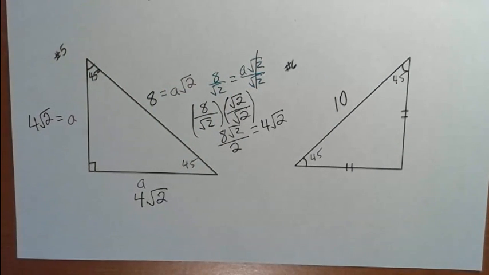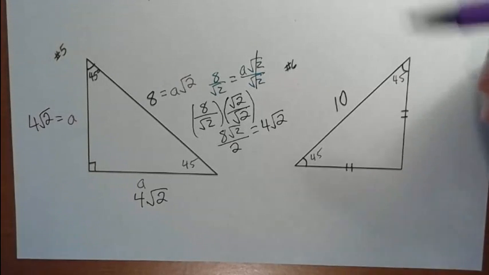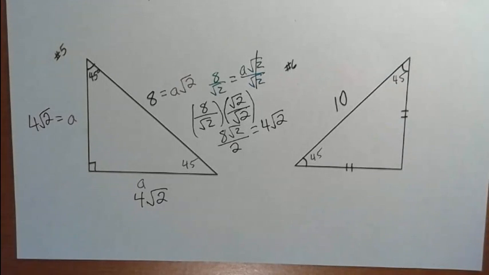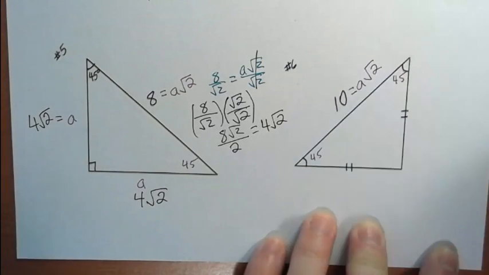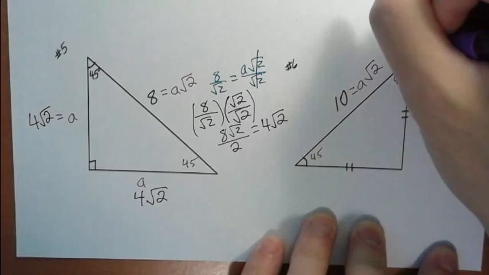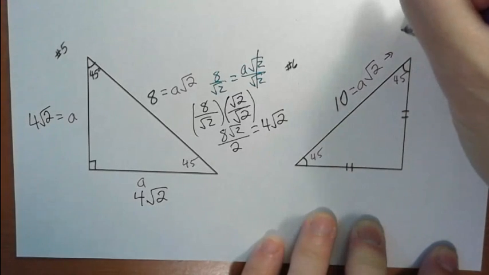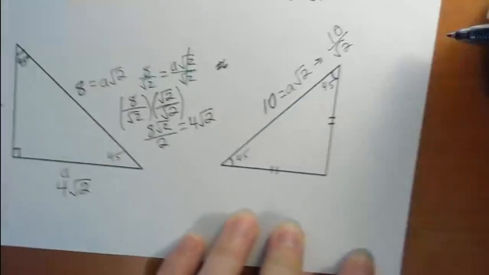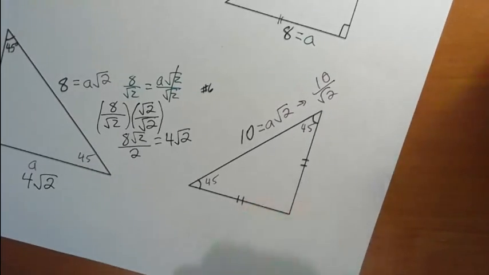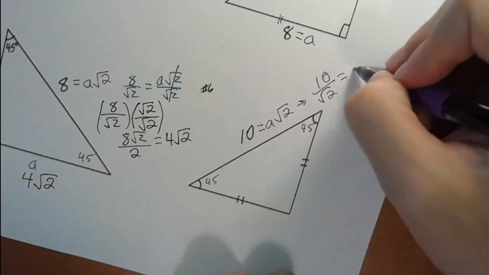And finally, our last problem of this section is going to be number 6 here. So we have 45 and 45, so we need to say that 10 is a root 2. If we use our last one as an example, we're going to end up with 10 divided by the square root of 2 as our a value.